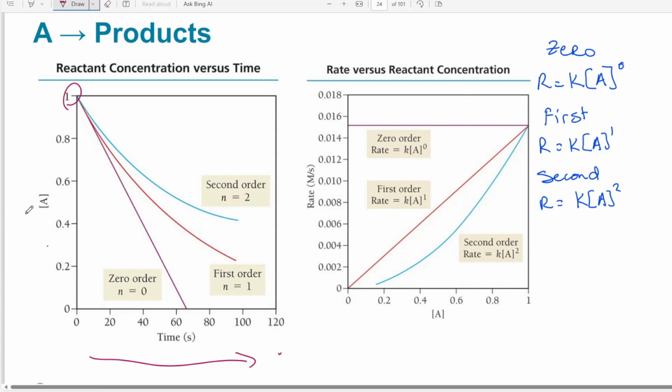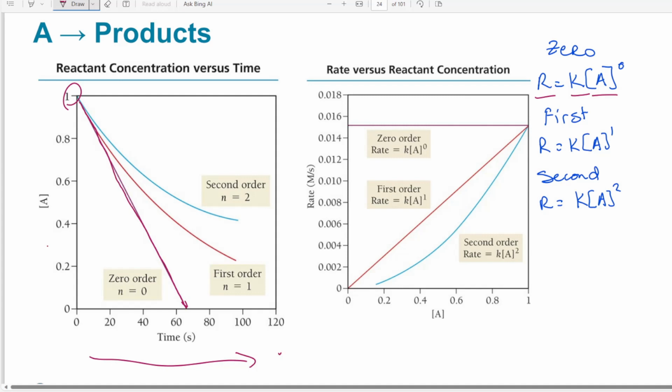So we see that for a zero order reaction, where the rate is equal to some k times the concentration of A to the 0 power, anything to the 0 power is just 1, so the rate is just equal to k. And therefore we see a steady, linear decrease in concentration over time.